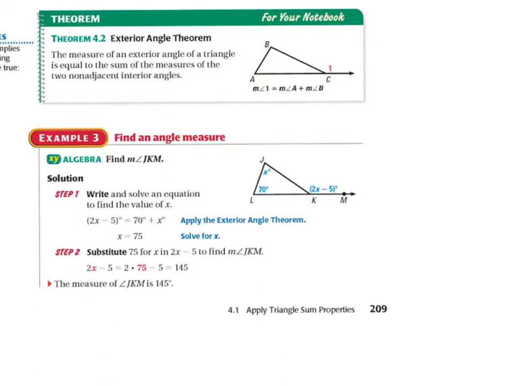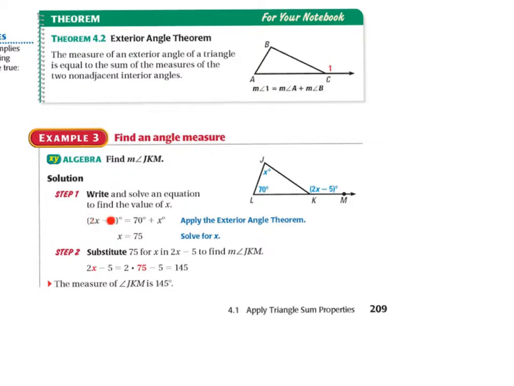Okay, so let's move down to example 3, and we're going to do one of these problems here, where we're given 2x minus 5 for our exterior angle. Our two non-adjacent angles are x and 70. So, a pretty straightforward way to solve this one.